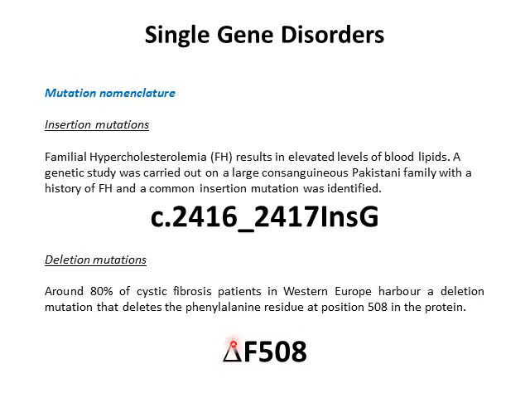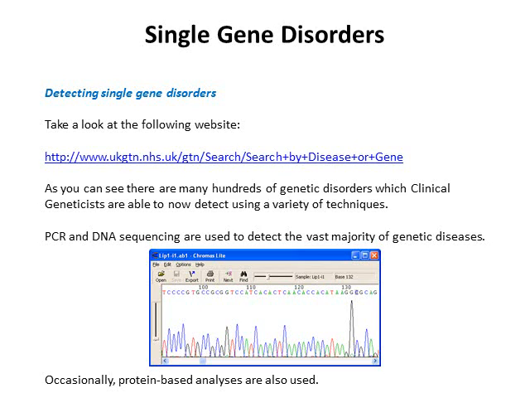The Greek symbol delta represents deletion of a phenylalanine amino acid, which is what the letter F stands for, at position 508 in the cystic fibrosis transmembrane protein. So delta, deletion, phenylalanine amino acid, position 508 of the protein. So it's important to understand how you write those different types of mutation. Again, something you might be assessed on later in the module or in the exam.